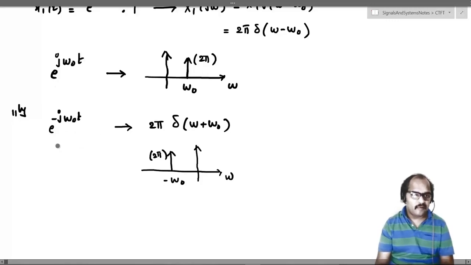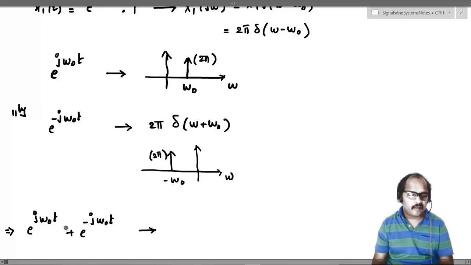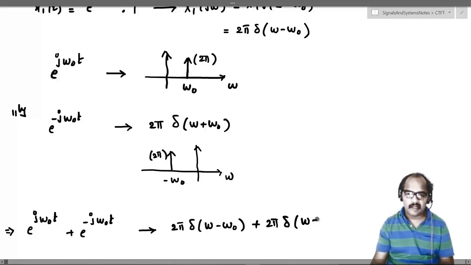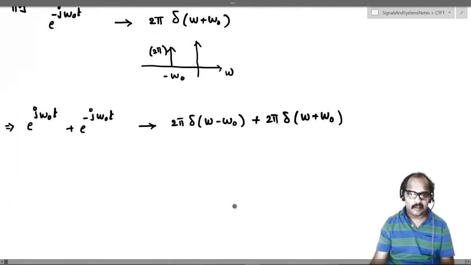Now what will I do? We will add these two fellows. So e power j omega naught t plus e power minus j omega naught t will have what as Fourier transform? What property are we using? We are using the linearity property. So the first fellow will have 2 pi times delta of omega minus omega naught, plus the second fellow will have 2 pi times delta of omega plus omega naught as the Fourier transform. But what is the left hand side?